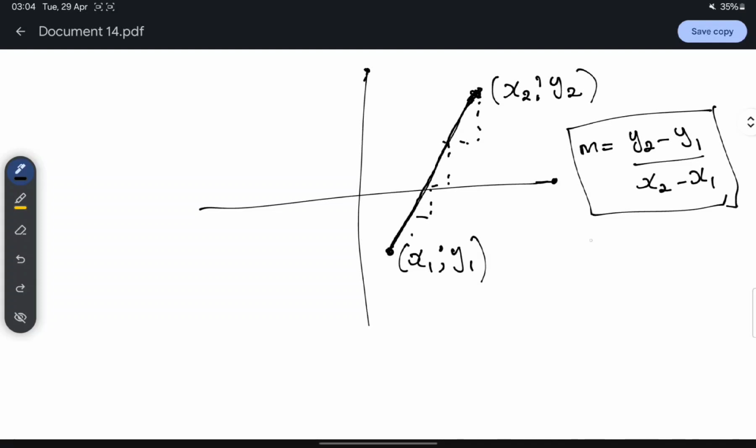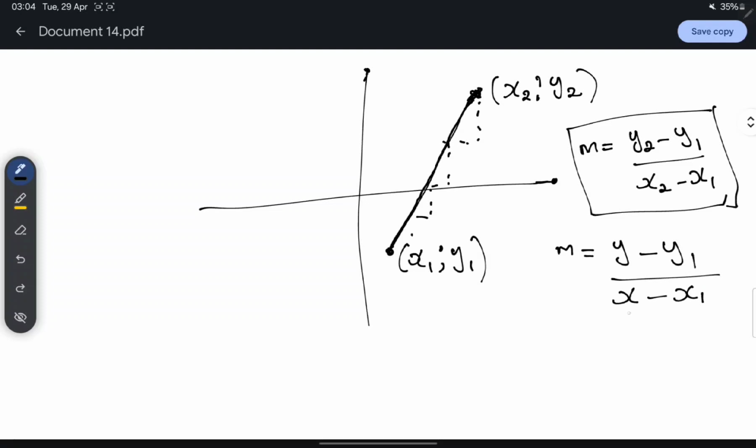One may say, if y can be the value of the graph, I will have y minus y1 over x minus x1.